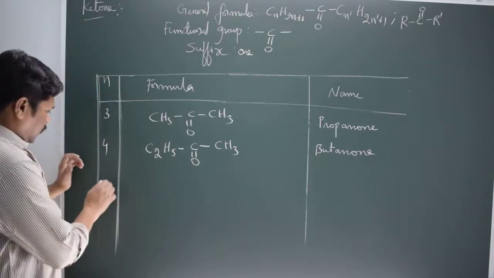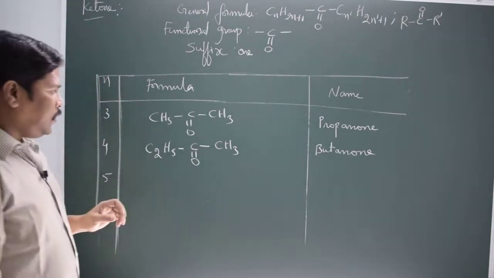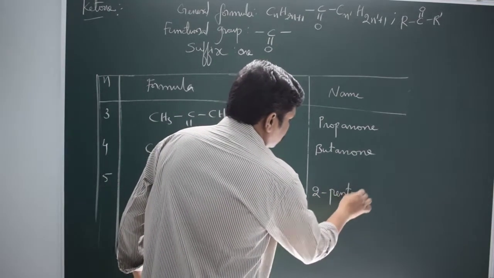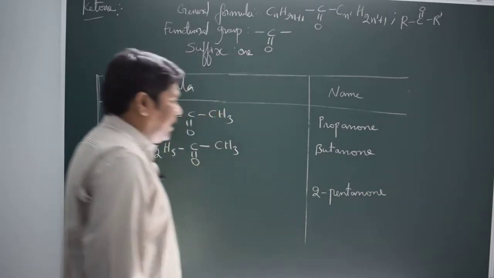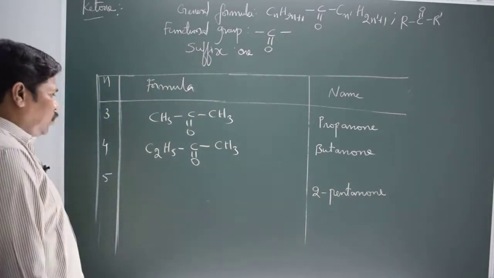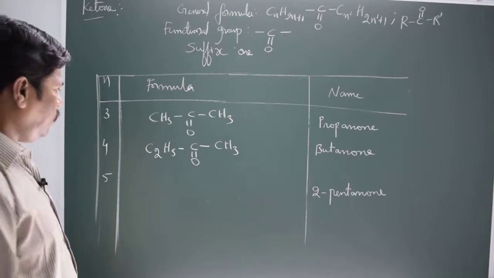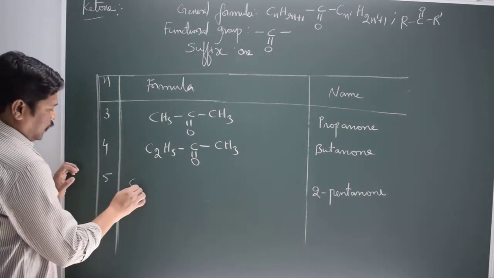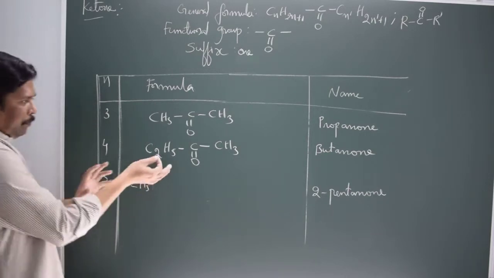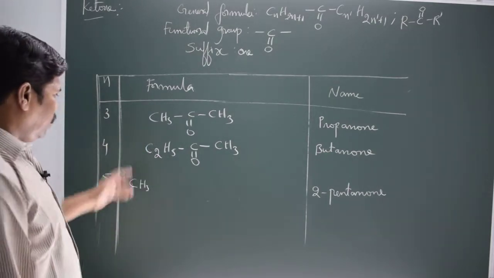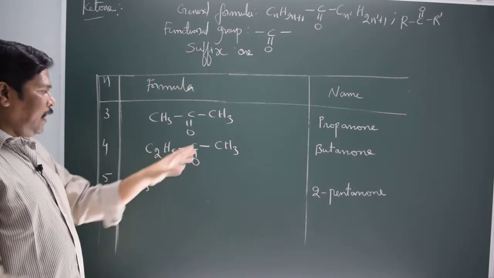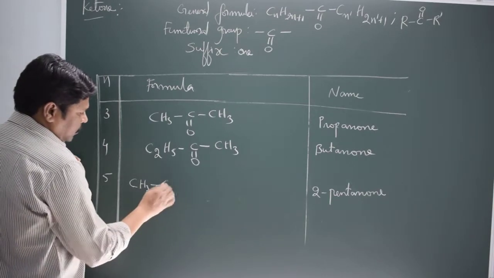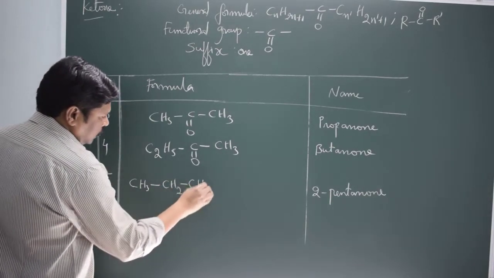So I will take the 5th one with 2 pentanone, and then I will try with one more pentanone. Let me see the 2 pentanone. CH3, I will take a propyl group this side, and that side a methyl group. So CH3, then CH2, then CH2.